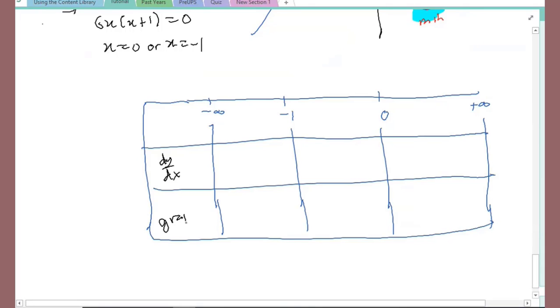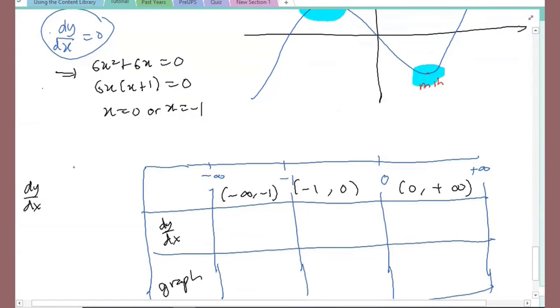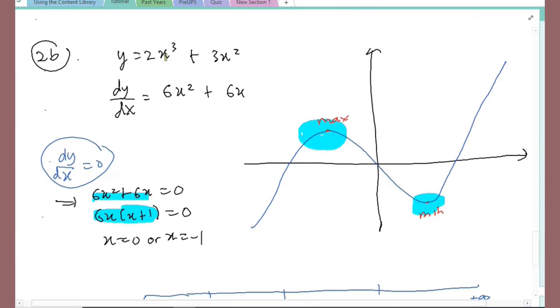This is the pattern of the graph, whether it increases or decreases, and here is the interval: from negative infinity to negative 1, negative 1 to 0, and 0 to positive infinity. So for dy/dx, you take this one, it is easier to handle: 6x times (x plus 1). This is the dy/dx.